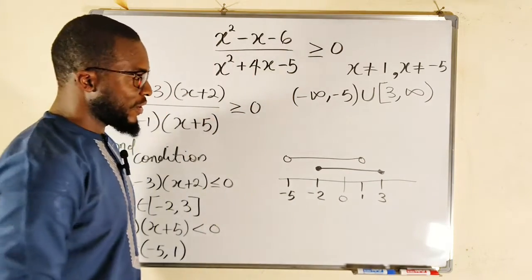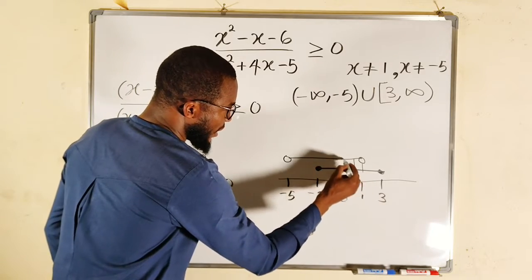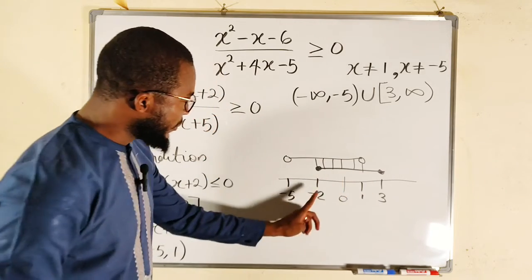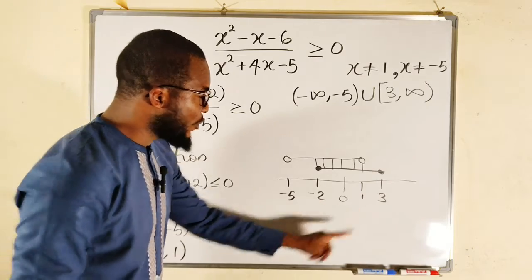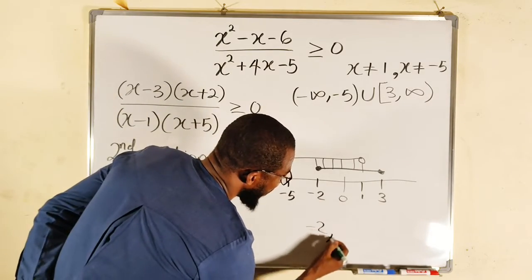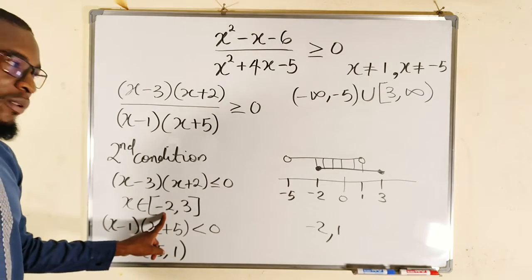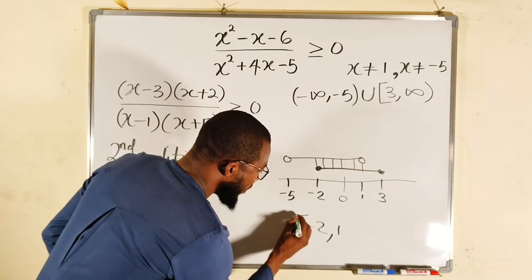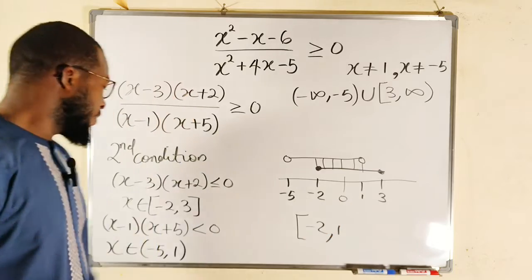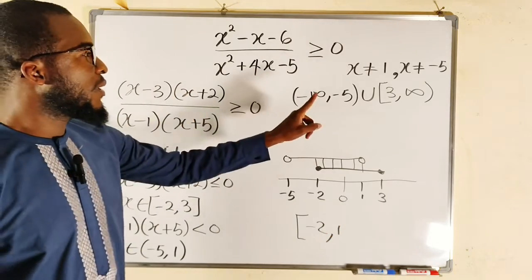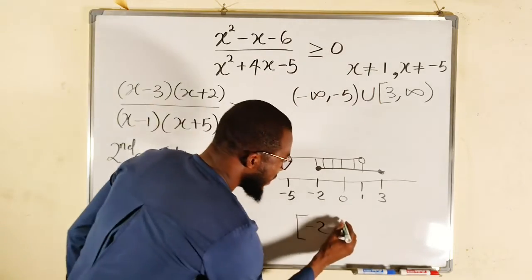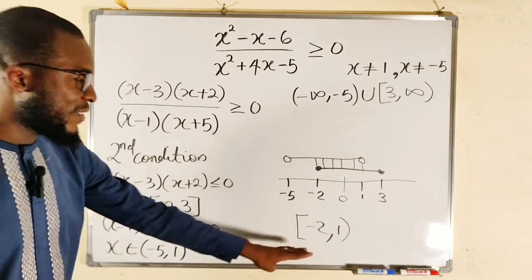So where is the intersection? The intersection is from here down here. So it's from -2 down to 1. But remember, -2 is a solution. Look at it here. It's part of the solution. So you cover it with a square bracket. But 1 is not. Remember, it cannot be equal to 1. So we cover it with parentheses. So this is the second solution.